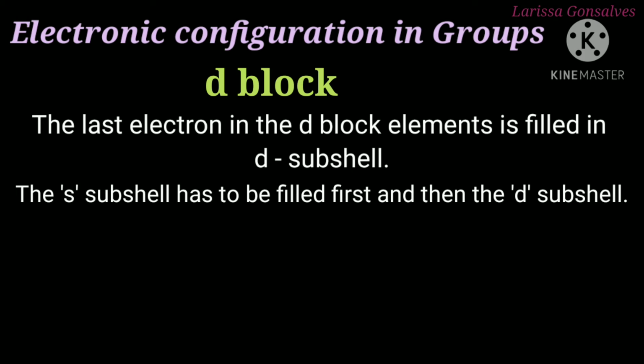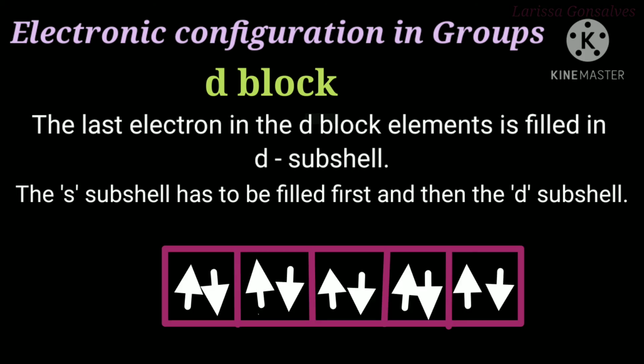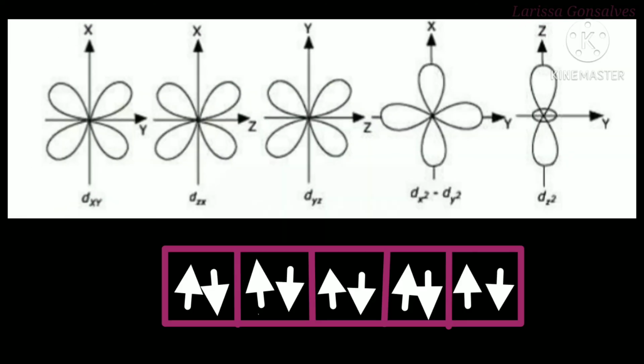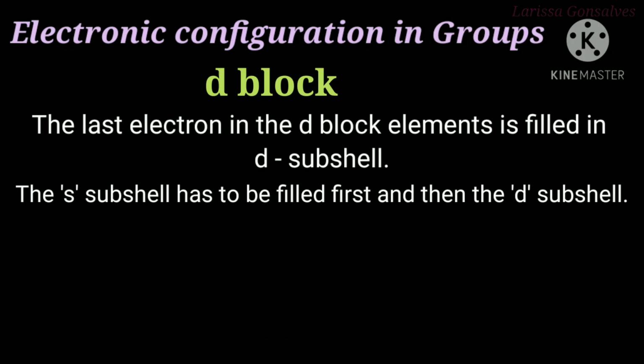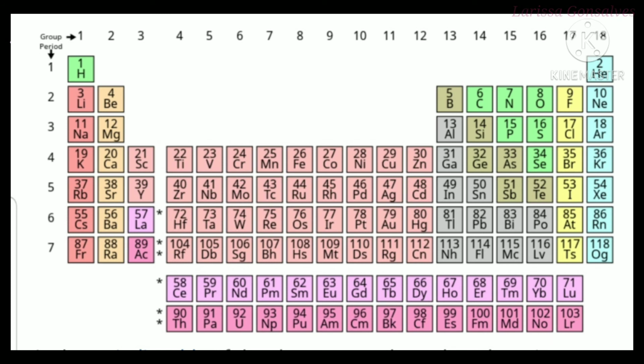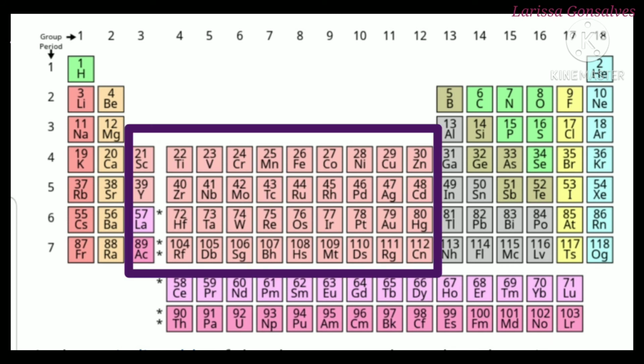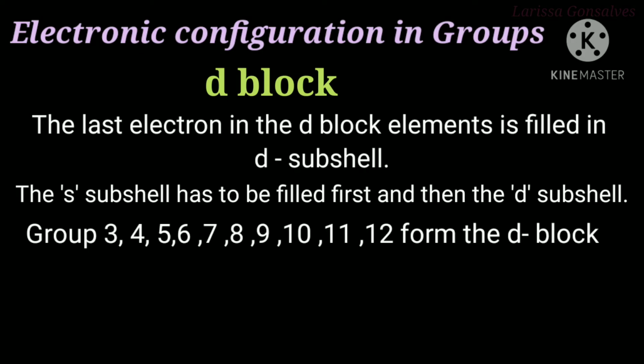We know that the D subshell has 5 orbitals and the maximum capacity is to take in 10 electrons. There are 10 groups which form the D block, that is group 3, 4, 5, 6, 7, 8, 9, 10, 11 and 12. D block is placed in the center of the modern periodic table.